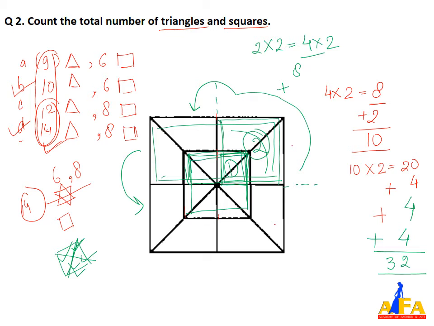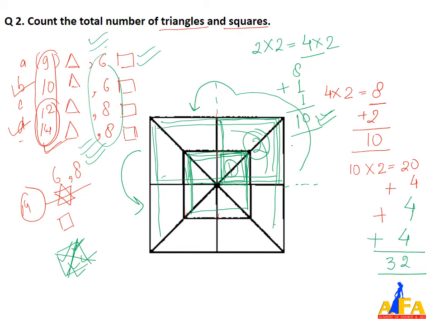The smaller one, 1, and the bigger one, 1. So total number of squares is 10. Okay, so 10 is the right answer for the squares. By options you can also see here the option I have taken without knowing the answer, so answers are different, but I was giving you just an example of how you can calculate through options.